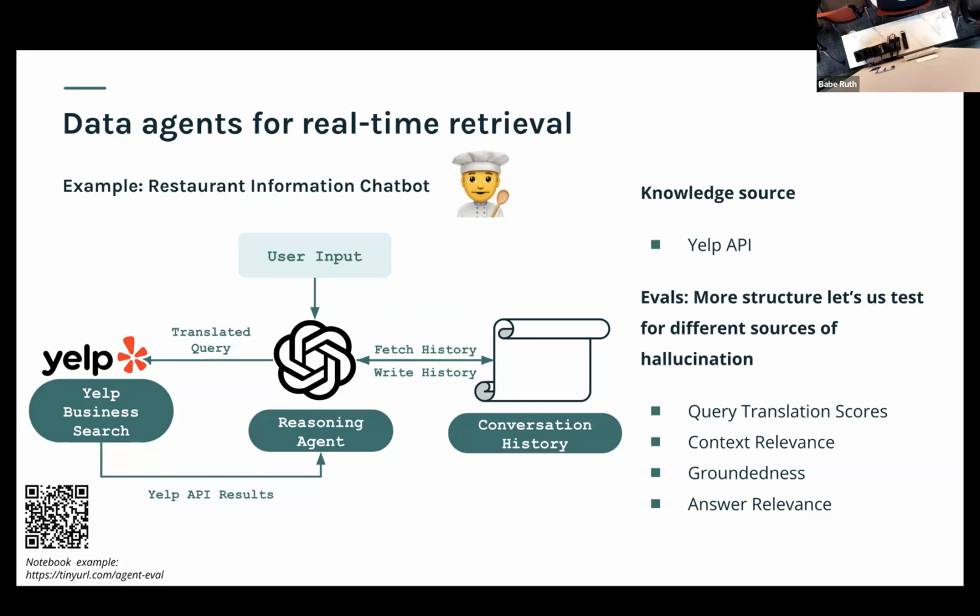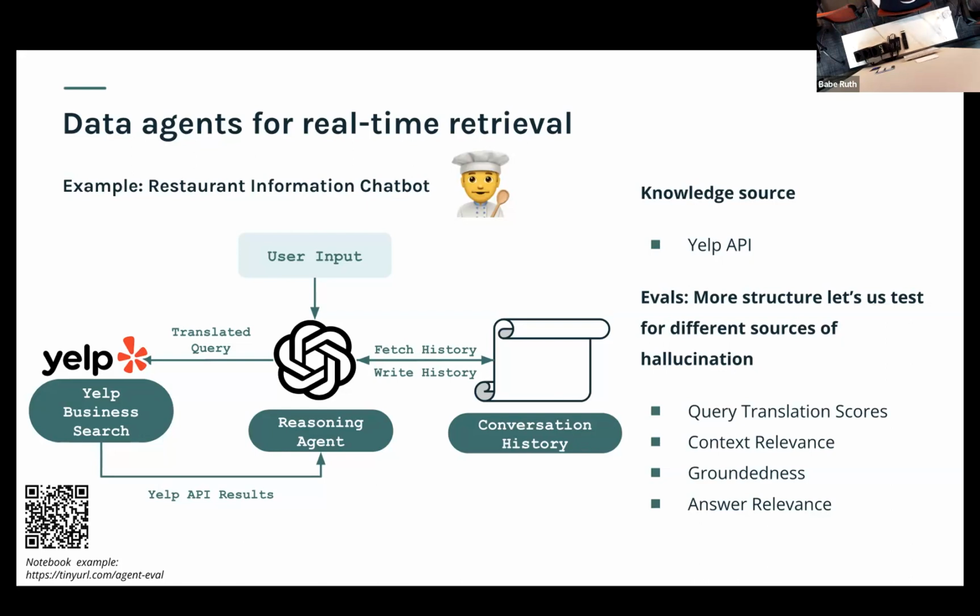One of the advantages of a structure like this is that we're able to test throughout the app. When we have the user input and the translated query, we can test to make sure those are conveying the same information. When we get to the Yelp API results, we can make sure that they are also relevant to our original user query.